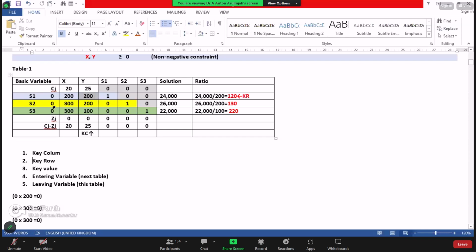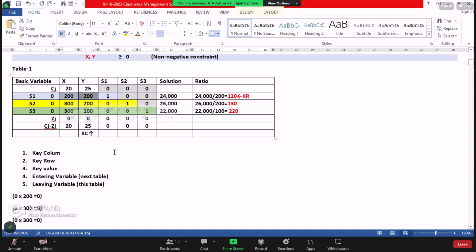The key value is the leaving variable. The variable whichever is stopping this one is called the entering variable. Right? So the next table, you can put this new one.